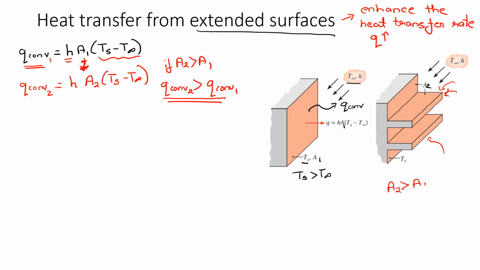Now you can have fins of all different kinds of shapes and sizes. You can have fins or extended surfaces which look like a cylinder, or which have varying cross-sectional area. You can have fins which look like a disc around a cylinder, maybe a pipe.